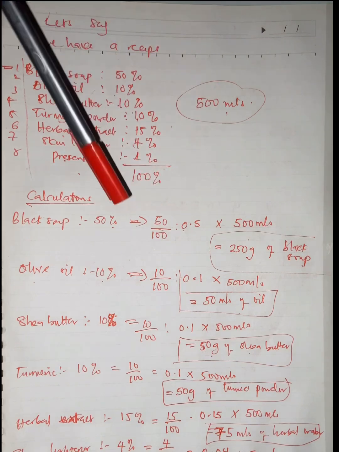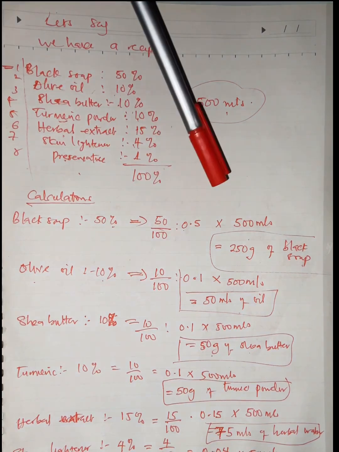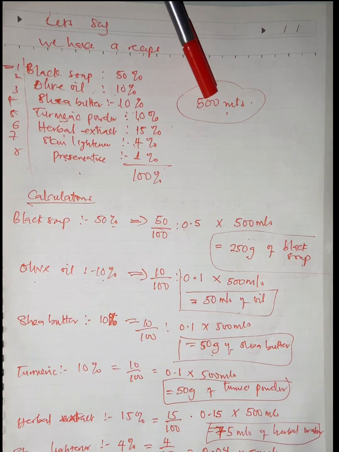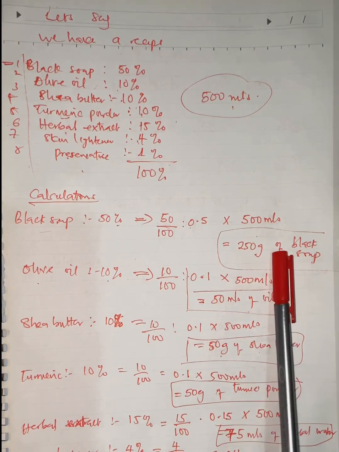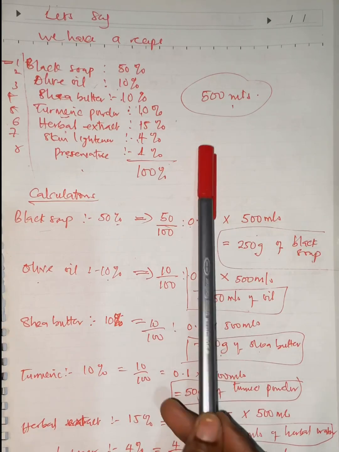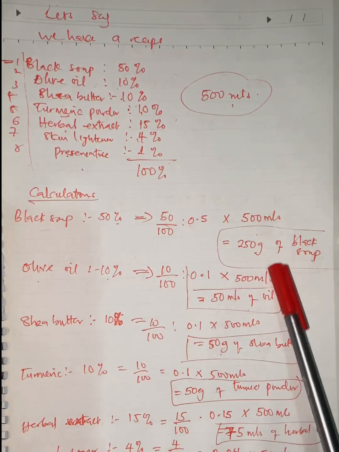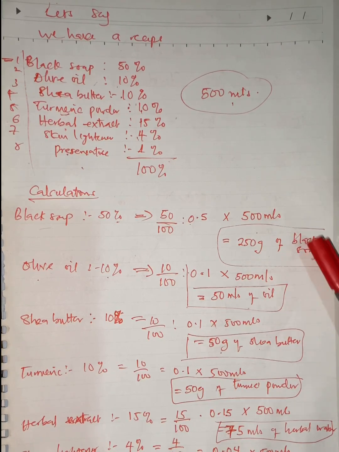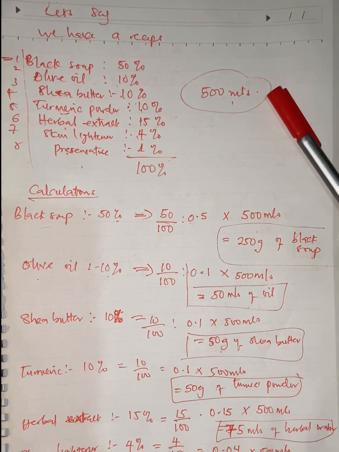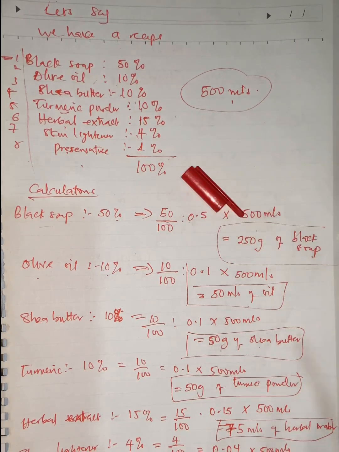You then take that 0.5 and multiply it by the total amount of soap that you want to make. So we get 250 grams. For this recipe, we are going to be measuring 250 grams of black soap. That is how you get the amount of black soap you will need for 500 mils of this recipe.